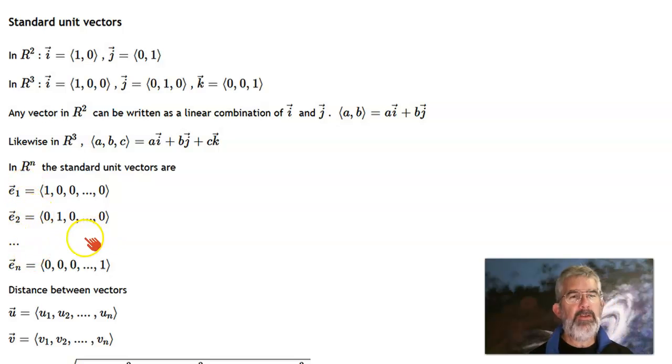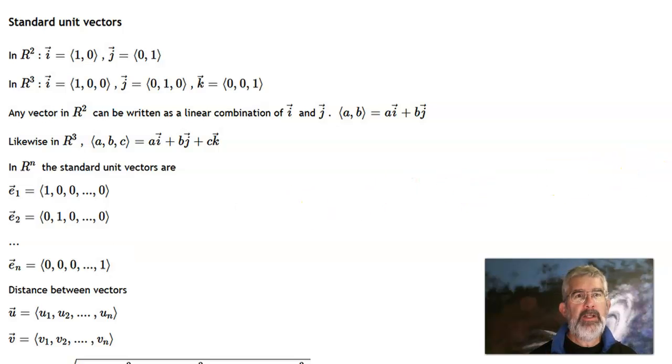These are the standard unit vectors in Rn. e1 has a 1 in the first position and zeros everywhere else. e2 has a 1 in the second position and zeros everywhere else. en has a 1 in the nth position and zeros everywhere else. Everything in between there would be, as you would expect, a 1 in the ith position and zeros everywhere else.